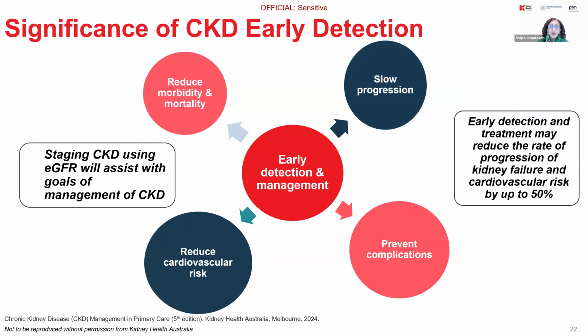So we've got to use the strategies that we have for early detection to find CKD, stage it, put in the right treatment, and then reduce the risk of progressive kidney failure, the risk of cardiovascular disease, and the risk of morbidity and mortality. So this opportunity basically sits in all of our hands. It sits with you guys.